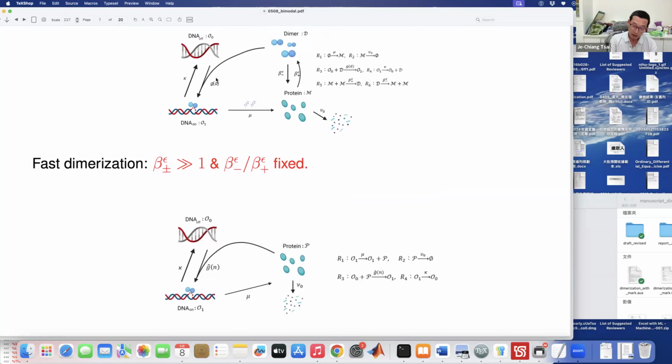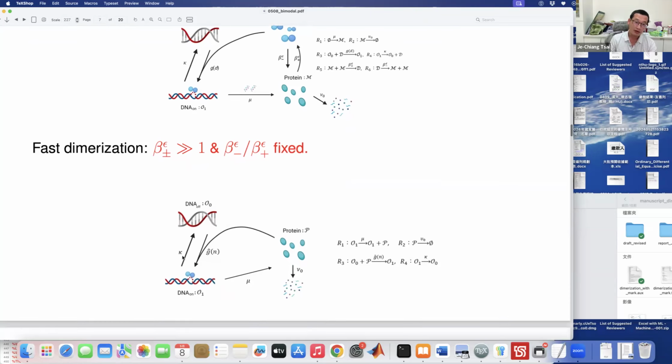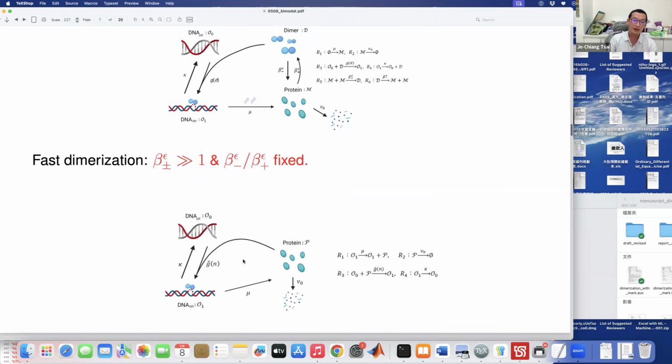if you focus on the state distribution, then this network will be reduced to this very typical two-state model. So what's the difference between this and this? Because I assume that the dimerization process is very fast, they are very quickly in equilibrium. So I can skip this one, and then it becomes this one.